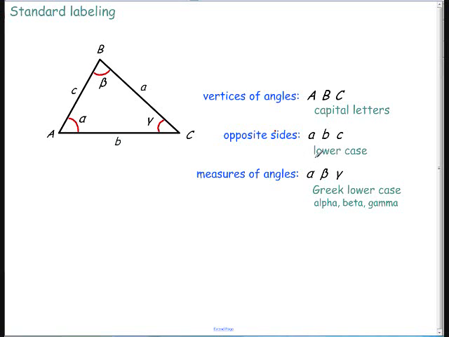And notice those are lowercase. Then for the measures of the angles, we use alpha, beta, and gamma. Those are the Greek letters that correspond with A, B, and C.